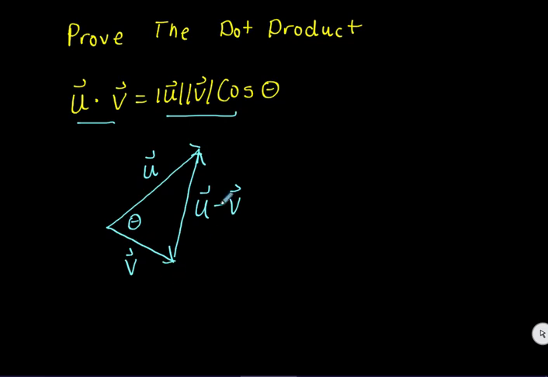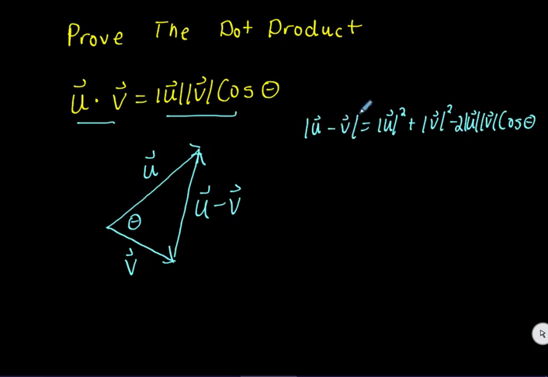So, using the law of cosines, the length of this side, which would be the magnitude of u minus v, squared, is equal to the magnitude of u squared plus the magnitude of v squared minus 2 times the magnitude of u times the magnitude of v times the cosine of theta.